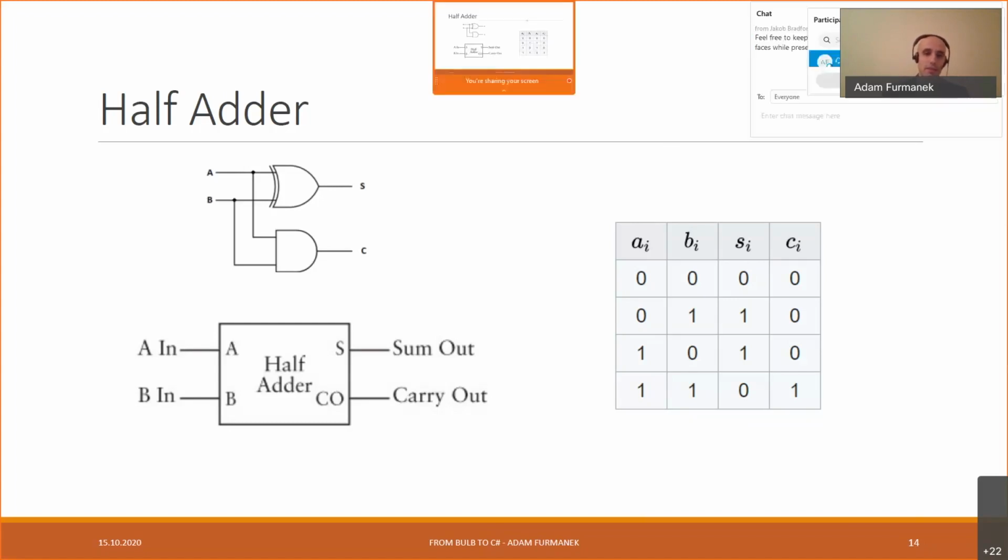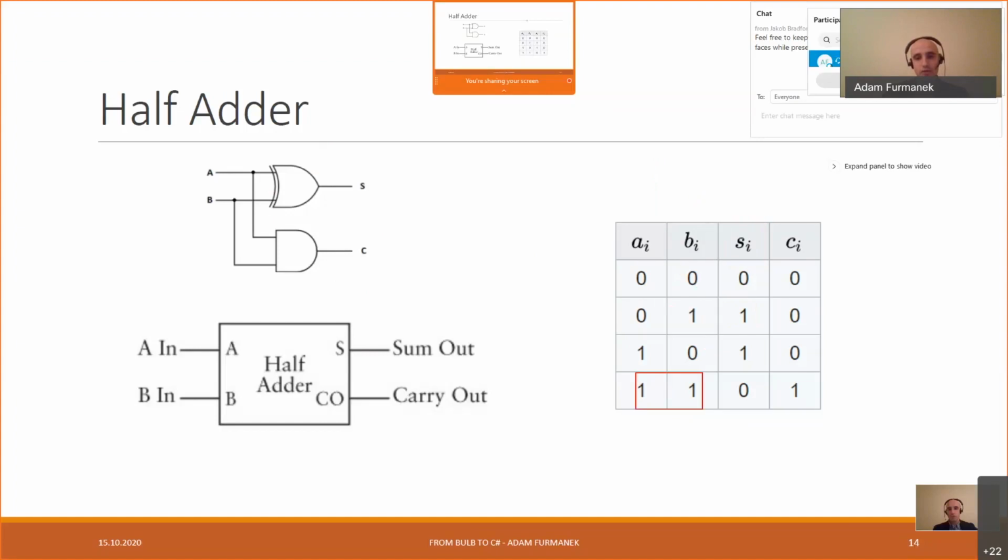So you can see that just by using the exclusive OR gate and the conjunction gate, we can calculate what we need. First, we would like to have a sum of these two inputs A and B. If you calculate this in binary, this sum will be 1 if and only if exactly one of the inputs is set to 1.